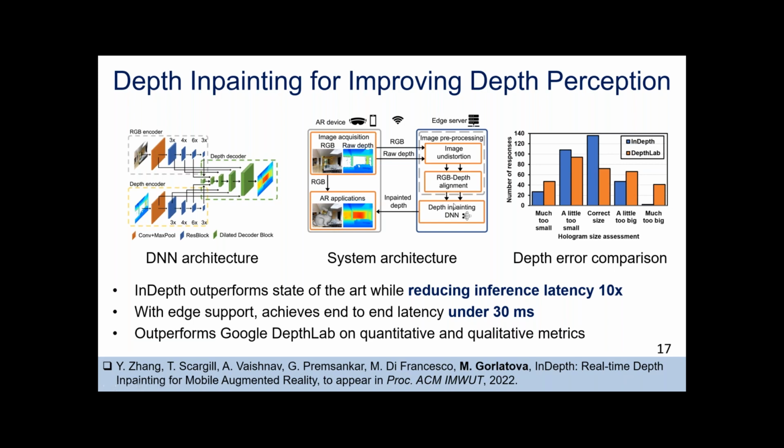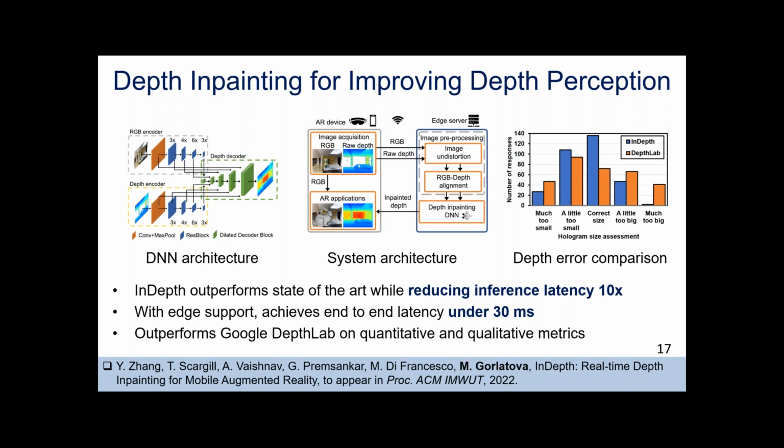So we show here, for instance, that in holograms generated with our system, their scale is perceived as being correct in many more cases than is the case with DepthLab. So I'm very happy to share with you more details of this very recent work offline.